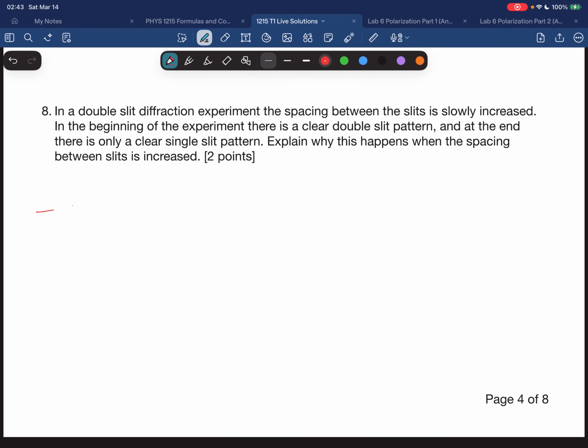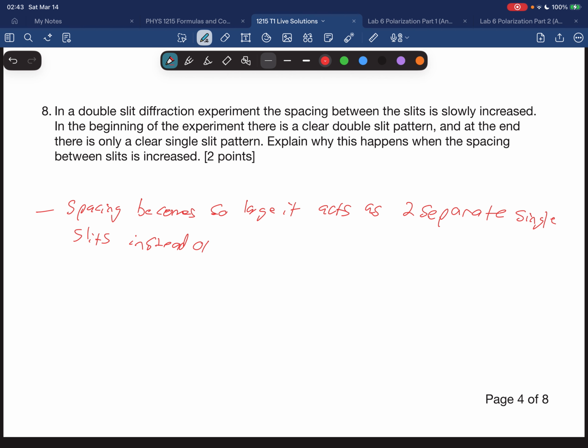First one is the spacing becomes so large it acts as 2 separate single slits instead of a double slit.